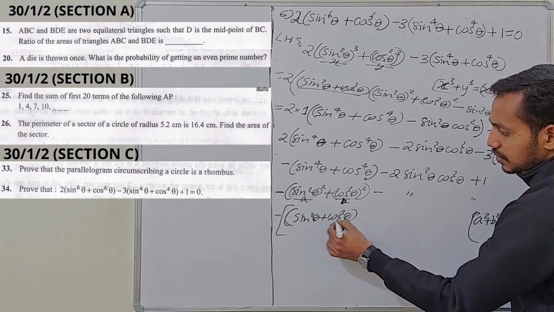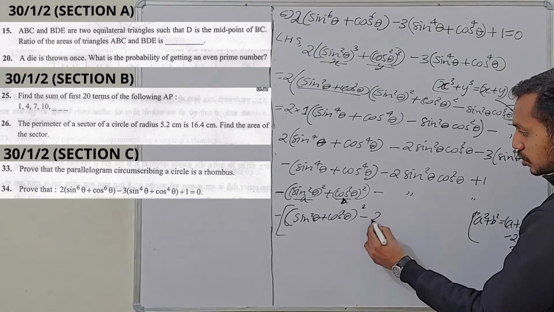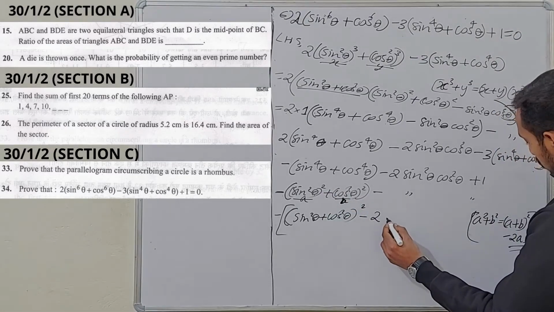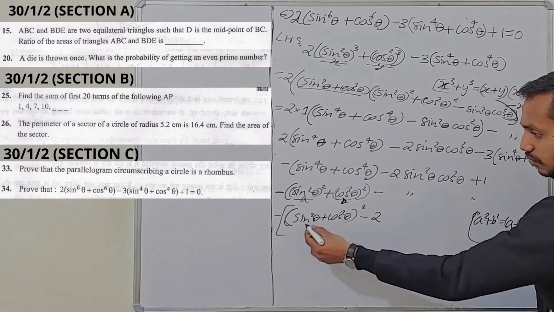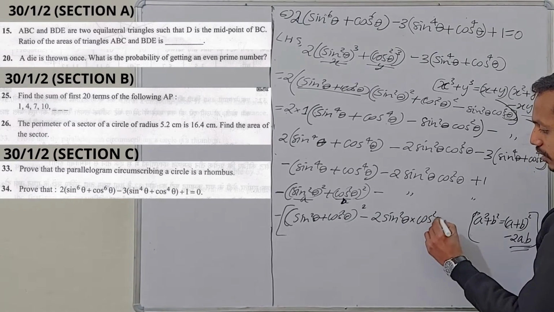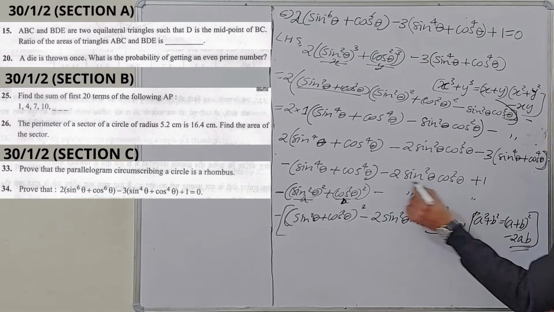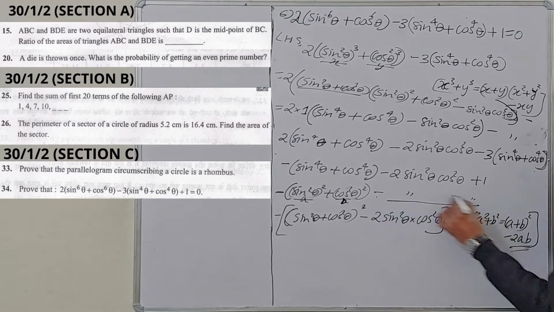So sine square theta plus cos square theta whole square minus 2 into AB. What is AB? Sine square theta into cos square theta. Okay, close the bracket, minus this entire term is here.